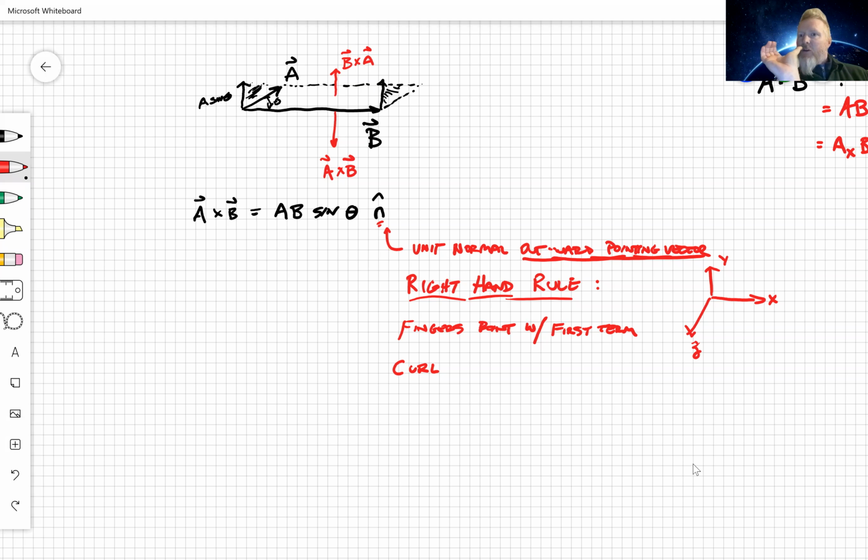So X, and then just curl to the Y and go like that. So curl fingers in the direction of the second thing. Thumb points the result.